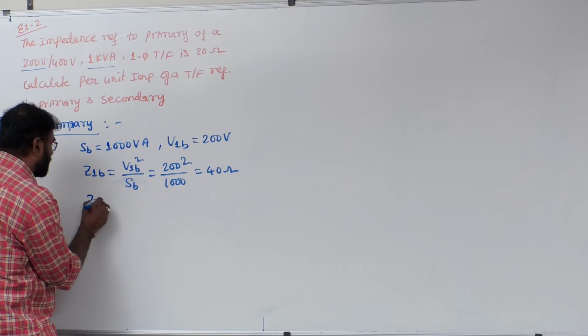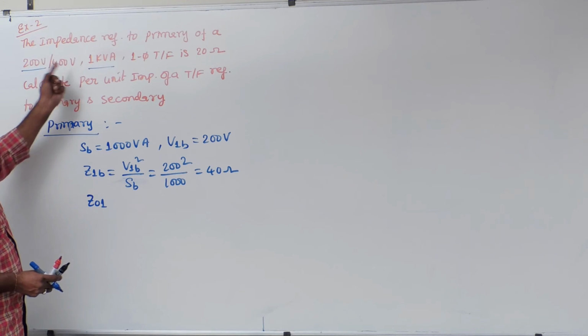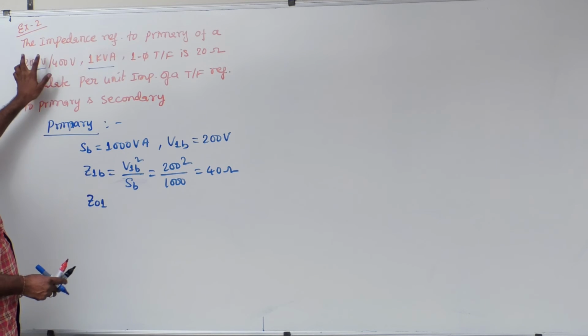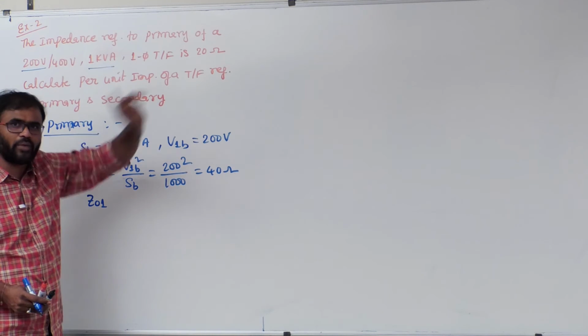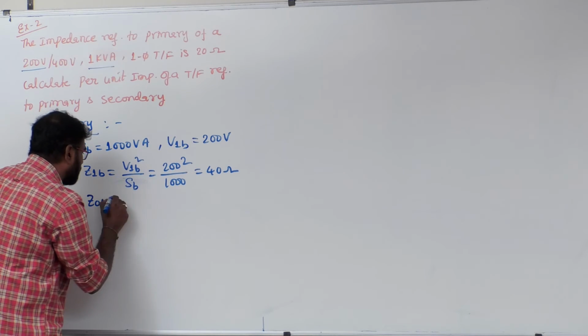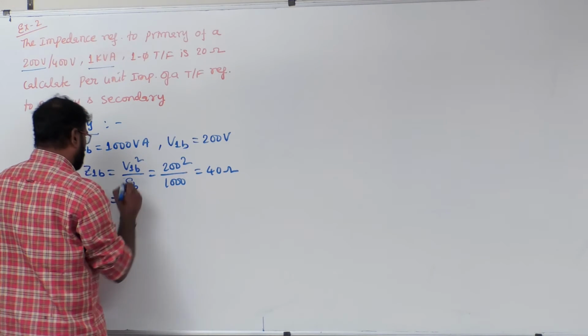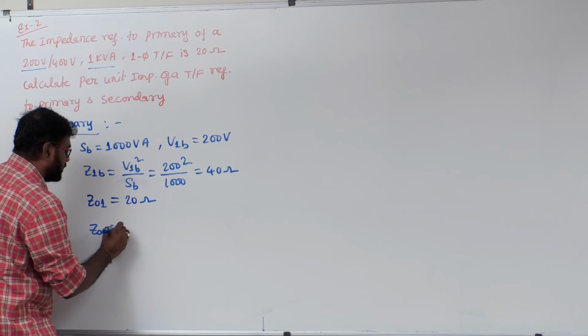What is given in the problem? Is Z1 given or Z01 given? He has not given the primary impedance of the transformer. He has given the impedance referred to primary, that means Z01 is given. Z01 actual is 20 ohms. What is Z01 per unit?